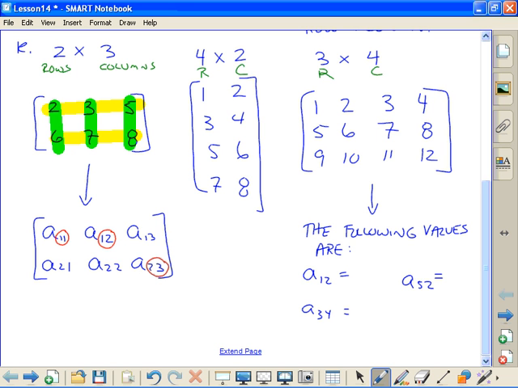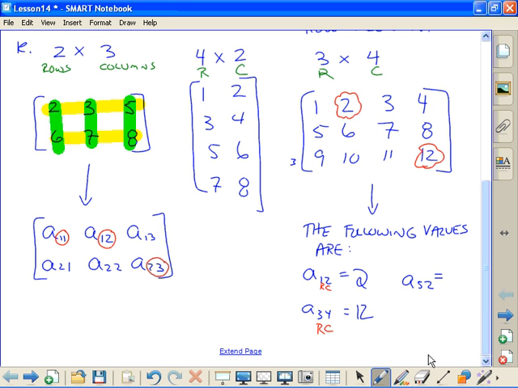So A12, for example, what is the value in row 1, column 2? Row 1, column 2 would be a value of 2. Okay. What is the value for the number in row 3, column 4? Row 3, column 4, give me this value right here. So it's our 12.